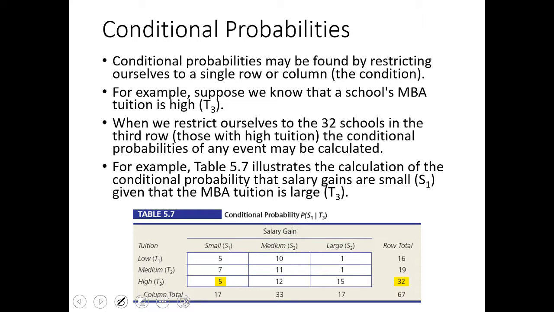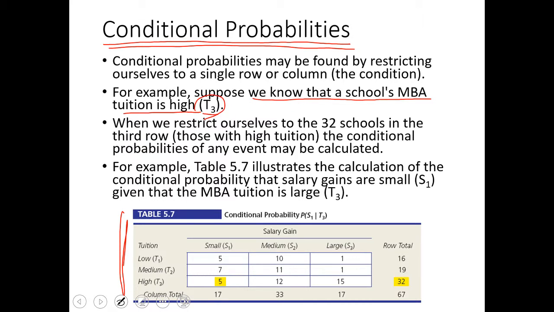Finally, we can calculate the conditional probabilities using this contingency table easily. For example, suppose that we know that the school's MBA tuition is high, T3. Under this condition, we would like to know the probability of the event that salary gain is small, S1.